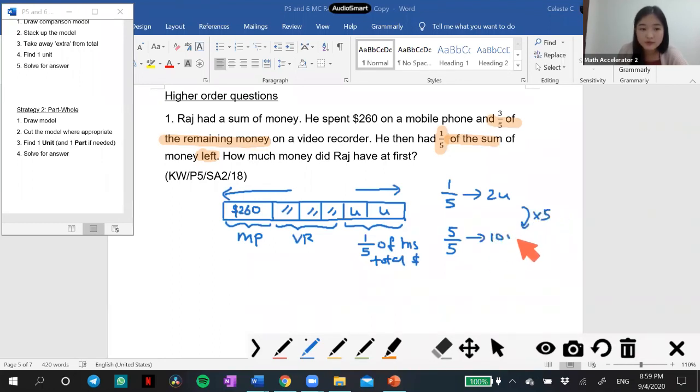You have 10 units in total. Some of you see it. Right, so 10 units in total. Can you see that your $260, you can find out how many units it is by taking 10 units minus 1, 2, 3, 4, 5 units here.